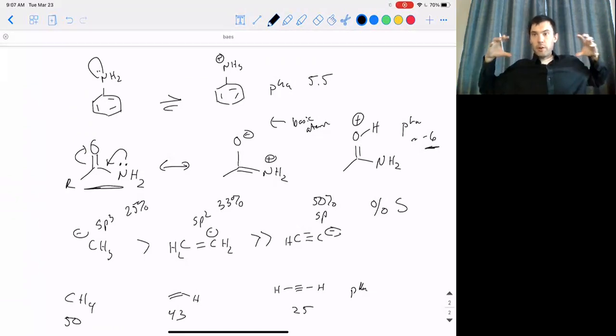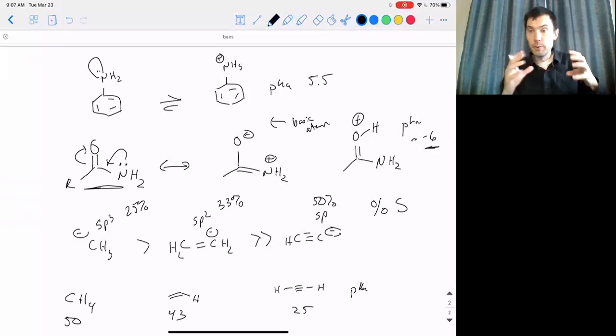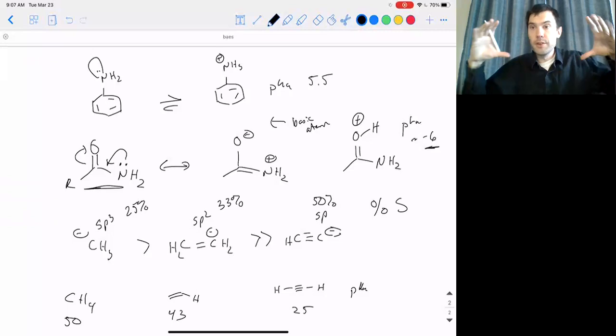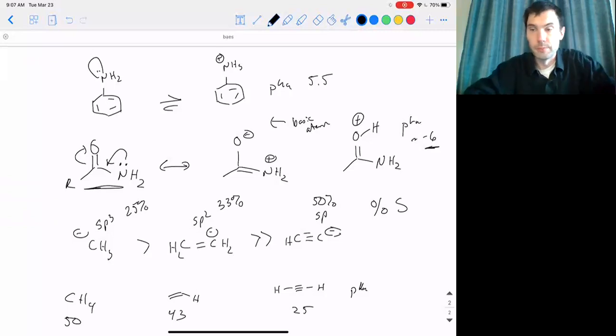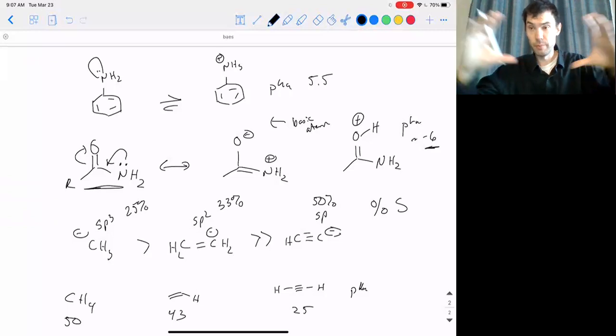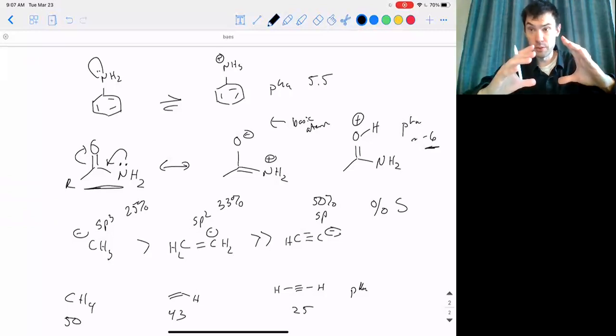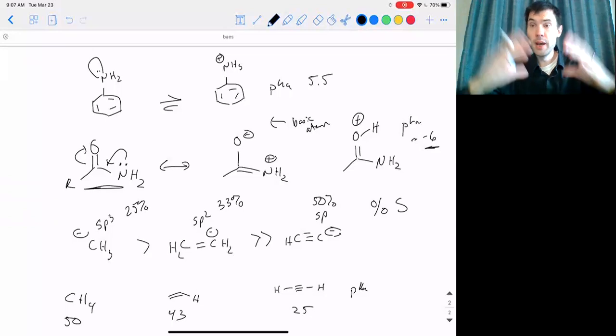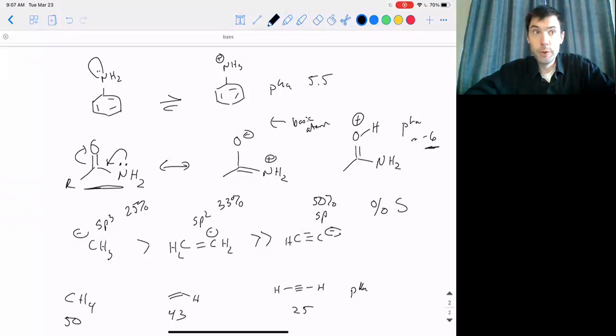They're long and the lobes are out here. Because of that, the electrons are further away from the nucleus. When it's S-shaped, remember that S orbital is spherical and the electrons are a little bit closer to the nucleus. The nucleus has protons, the electrons are negatively charged, and they have an affinity for positively charged protons. Because of that, as things approach the nucleus, they're less willing to engage other things out here in a basic reaction.